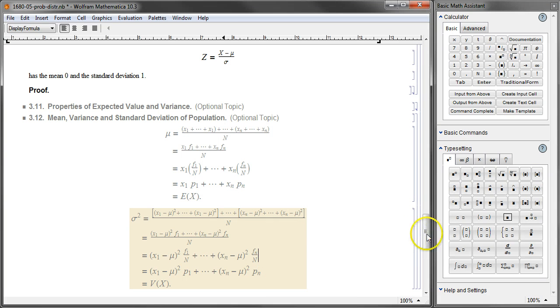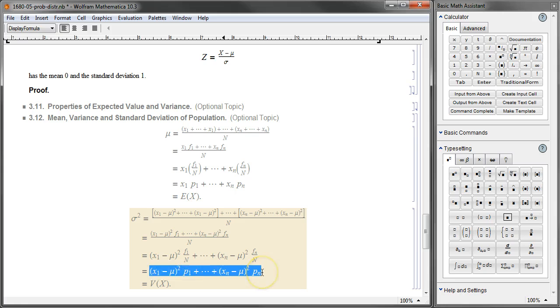The same goes for the population standard deviation. For the population, we don't divide by n minus 1, we divide by just the total N, and then we have the repetition of the same thing a number of times, so you can replace this one by deviation squared times the frequency. Same thing goes for the next bunch, and here's the last bunch: deviation squared times the frequency. Take the deviation squared out, and what do you get? f1 over N, the same thing, f2 over N, and so on, fn over N. And each ratio is the probability.